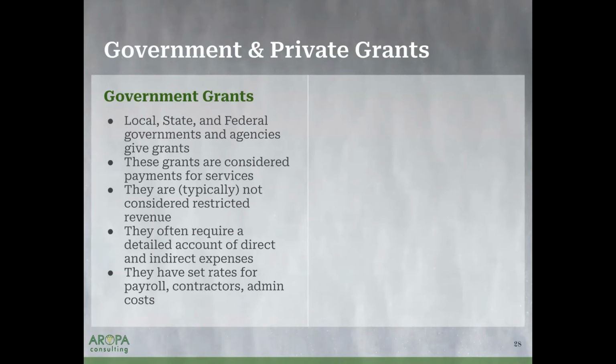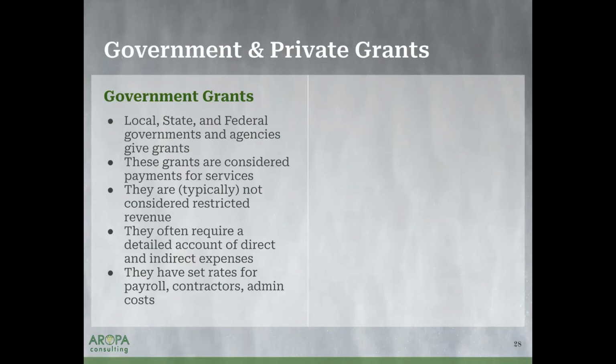Oftentimes these grants are large and they're very comprehensive in their support, but they are very difficult to manage. From a financial statements perspective, they are typically considered a payment for services. So because of that, they're not restricted. They are either a prepayment for services you have yet to render, or they are a payment after you've delivered services to the community, right?